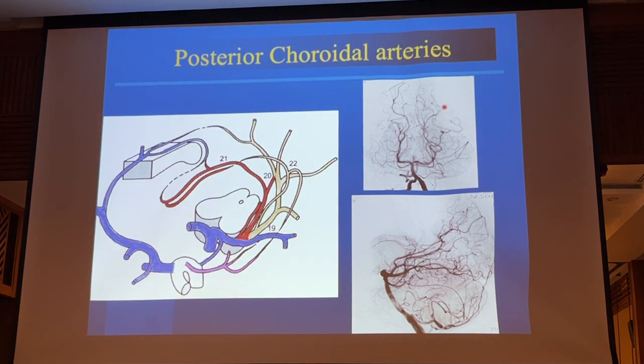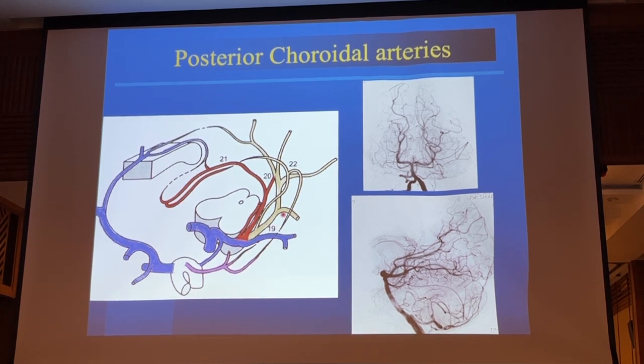For the posterior choroidal arteries, we know there are two. We mentioned the medial posterior choroidal artery goes into the velum interpositum and anastomoses with either the anterior cerebral or lateral posterior choroidal artery.